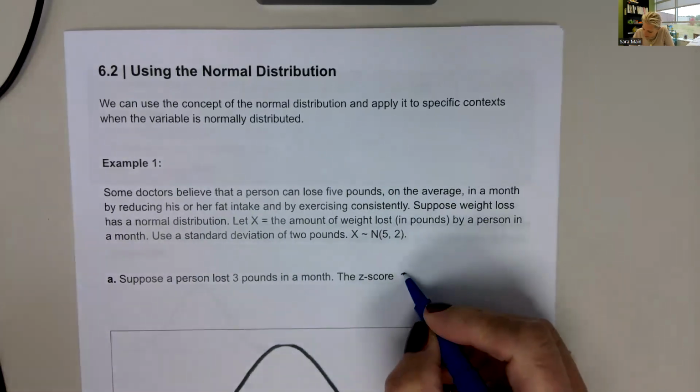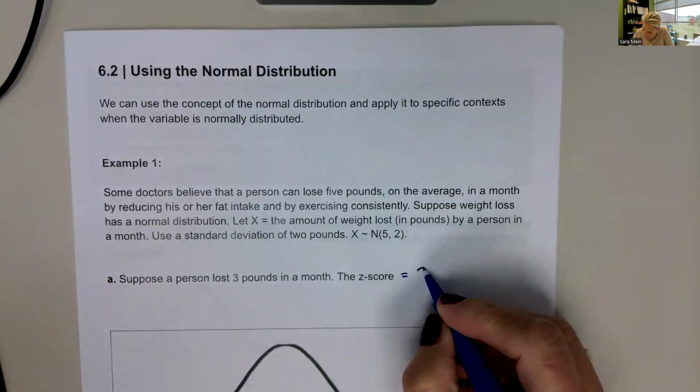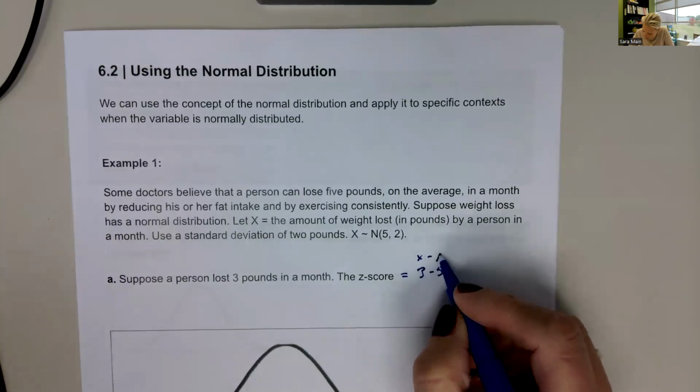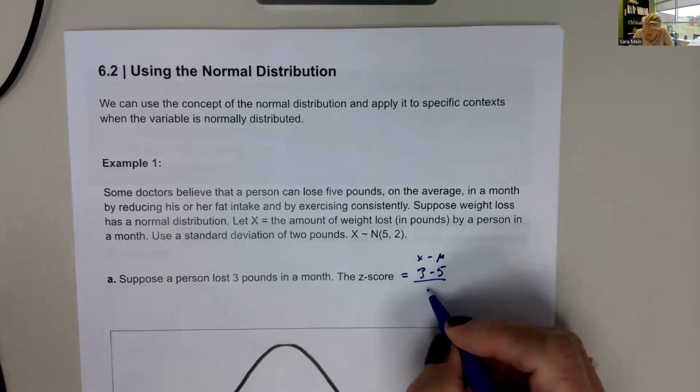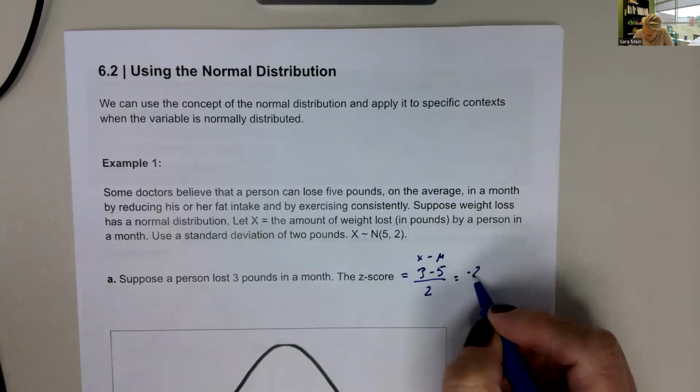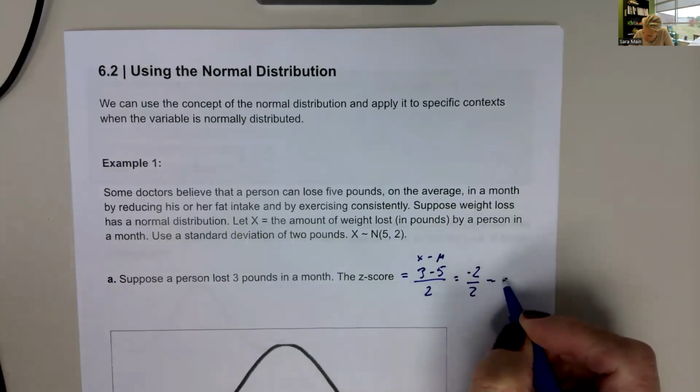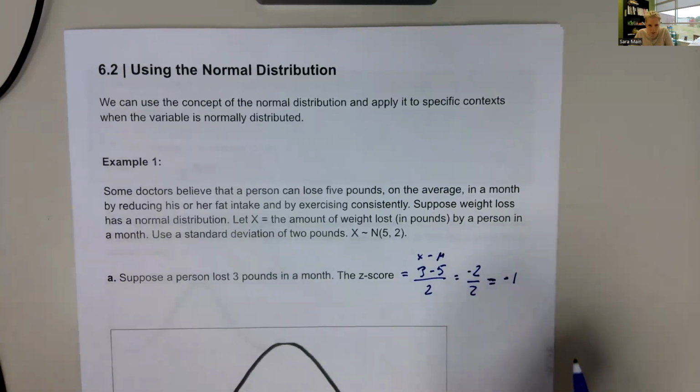Then we're going to calculate the z-score as 3 subtracting the mean, divided by the standard deviation of 2. That would be a -1.